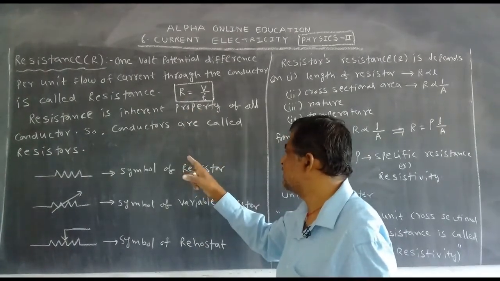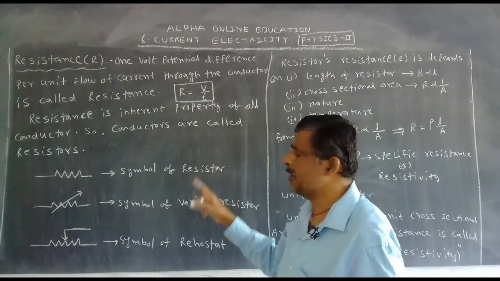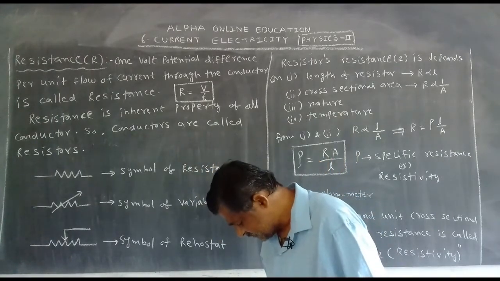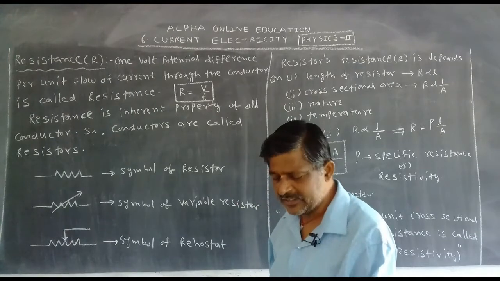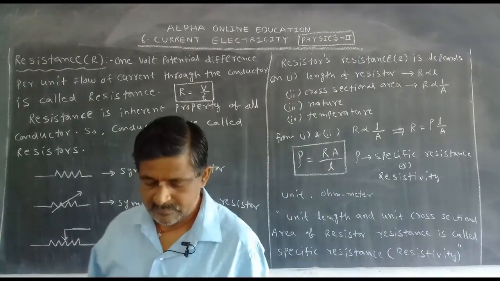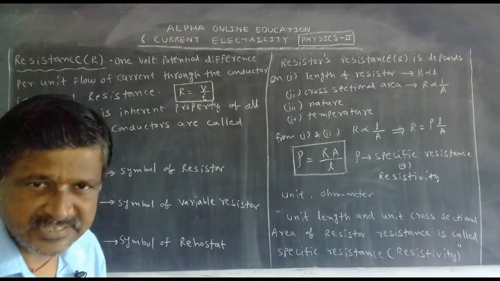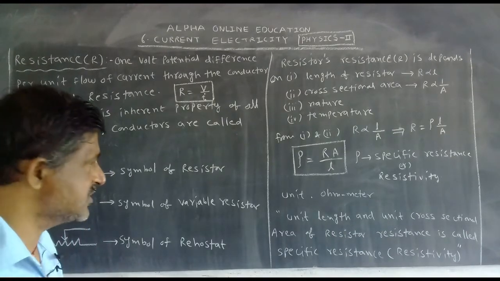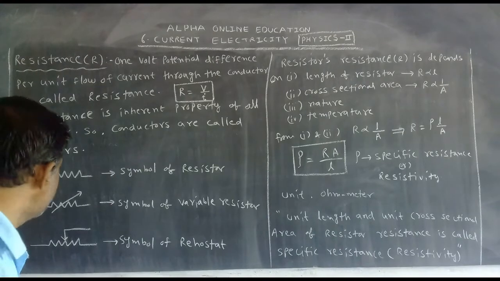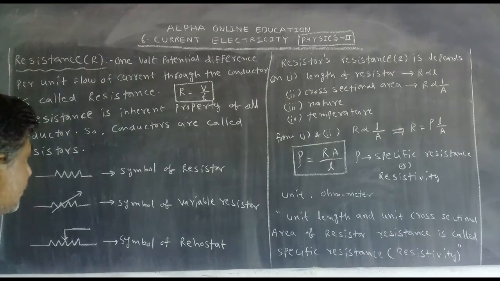Resistance is inherent property of all conductors. What are the examples of conductors? All metals. All metals have resistance in them. That's why resistance is the inherent property of all conductors.